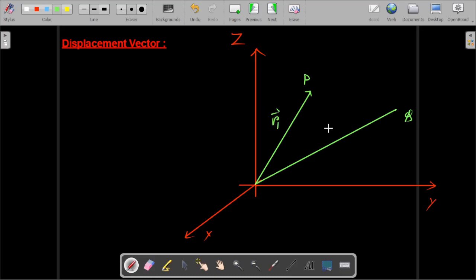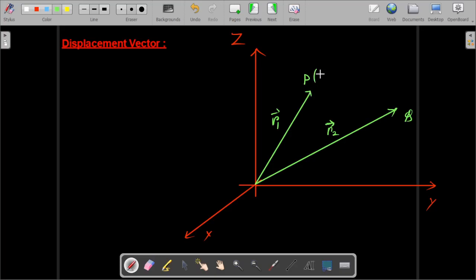You have to denote this with an arrow sign. Now, what is the displacement between this point P and Q?